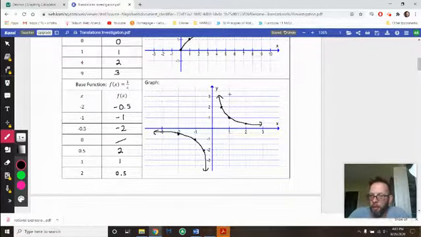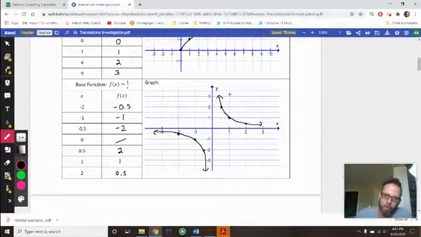So these are the 3 base functions that we're going to be looking at today, and we're going to be transforming them. Today we're looking at translations. I won't spoil the fun of what a translation is just yet. You looked at translations in your grade 10 course, but only with parabolas. Now we want to do it with any function.